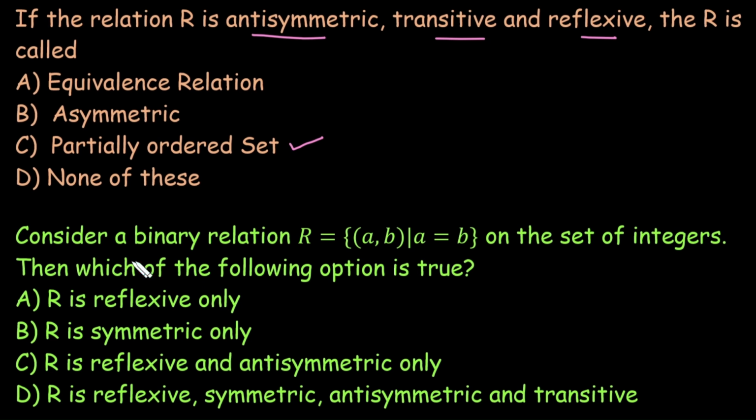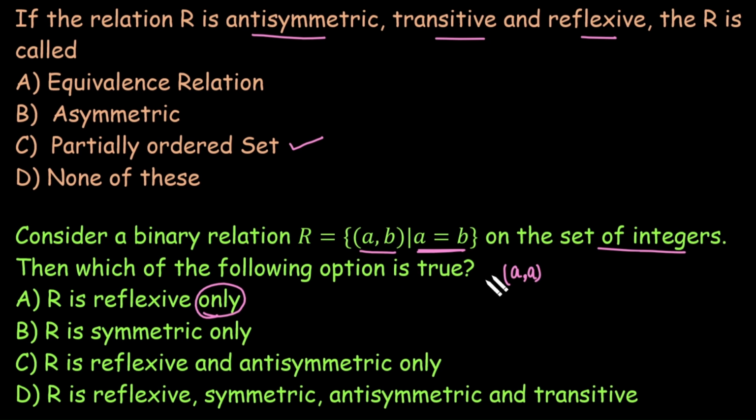Next case: we have the binary relation of ordered pairs (A, B) such that the elements are equal, on the set of integers. Which one of the following options is true? Is R reflexive? Yes, because every element is related to itself. But is this the only option?